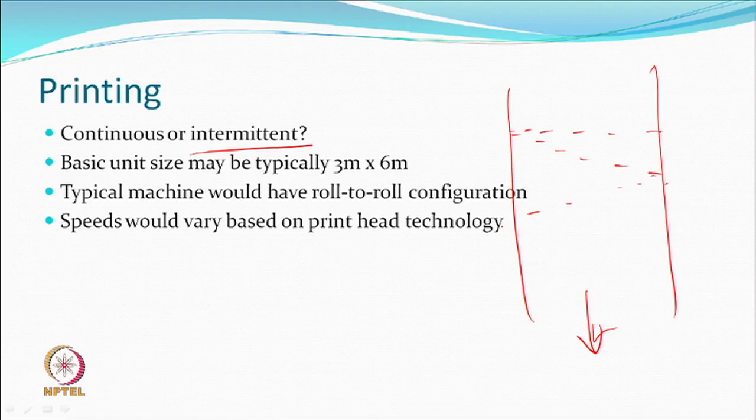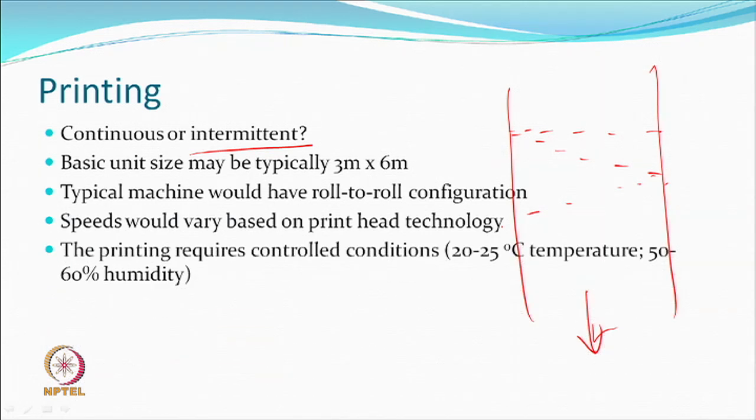So, speeds would obviously vary on the kind of print head that you use, but this is slightly different than the normal printing that we do, in that this machine should be kept in relatively more controlled conditions.